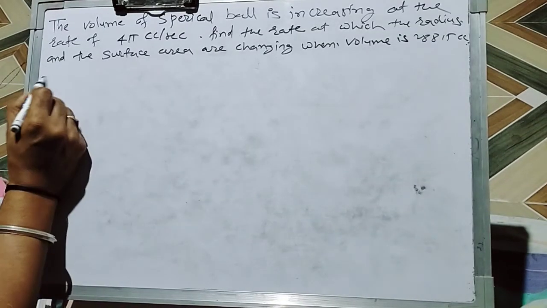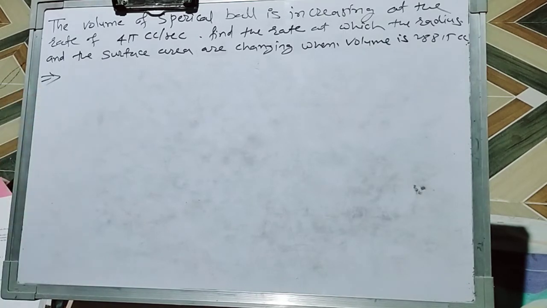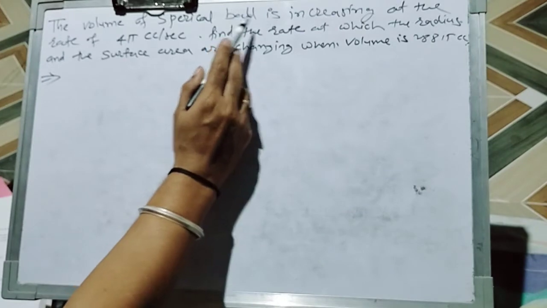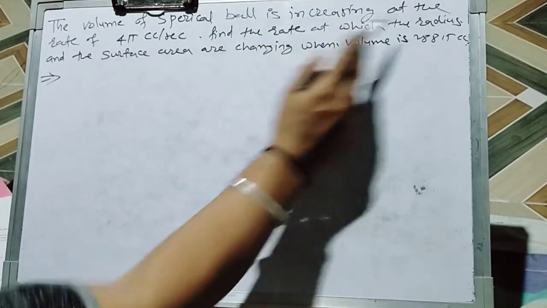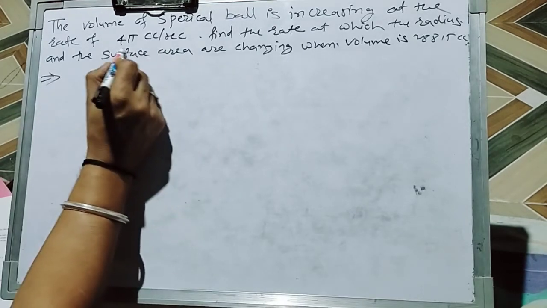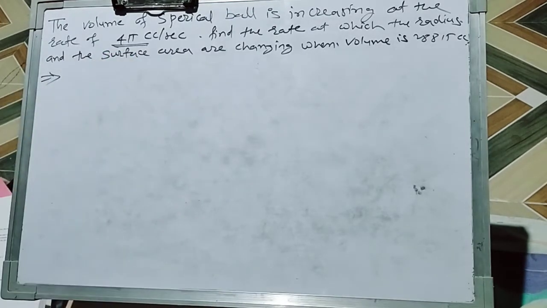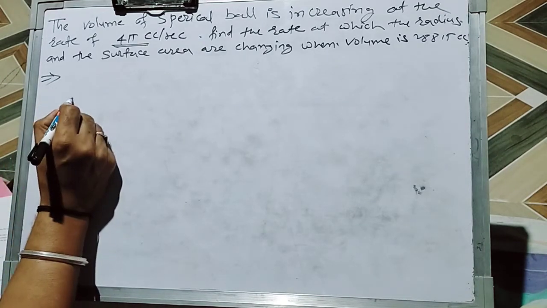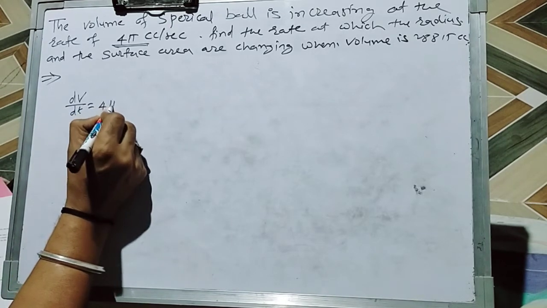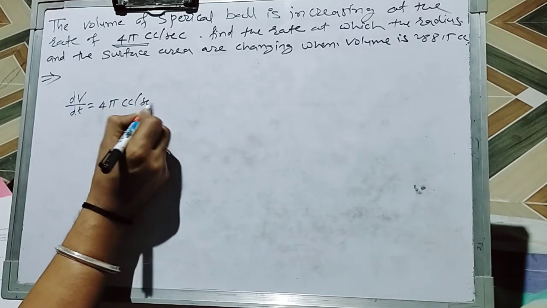Now consider the second example. Here, given the volume of a spherical ball is increasing at the rate of 4 pi cc per second. So the volume increases at the rate of, it means here given change in volume, so dV by dt is equal to 4 pi cc per second.